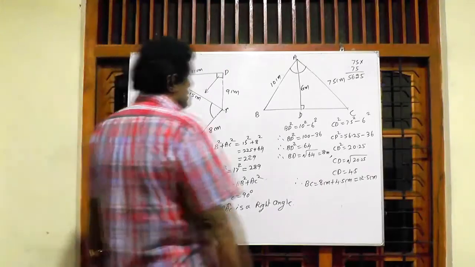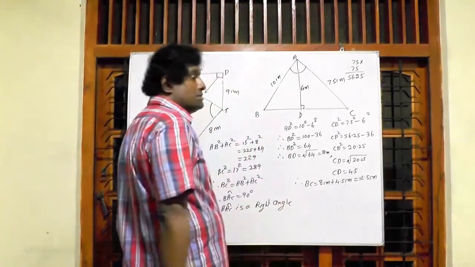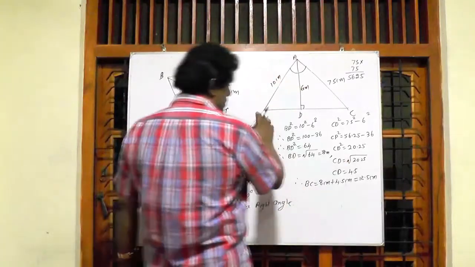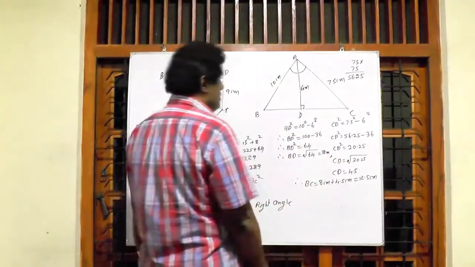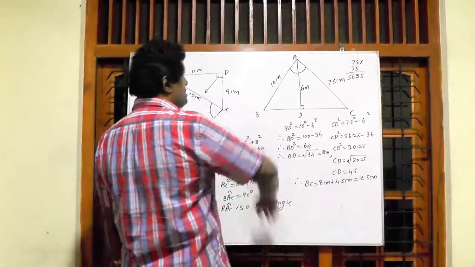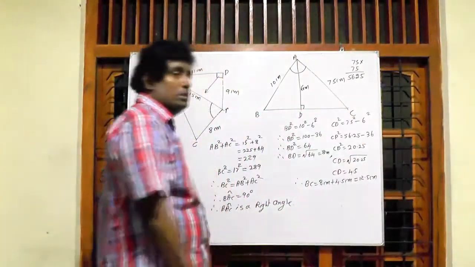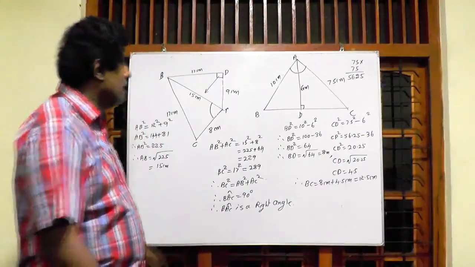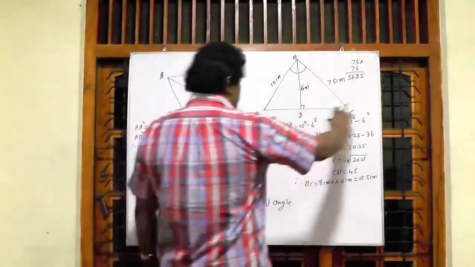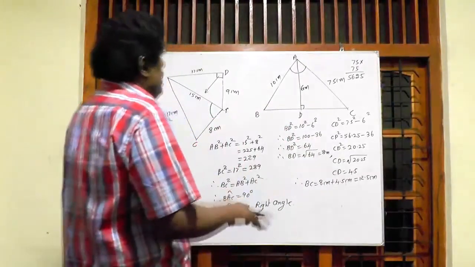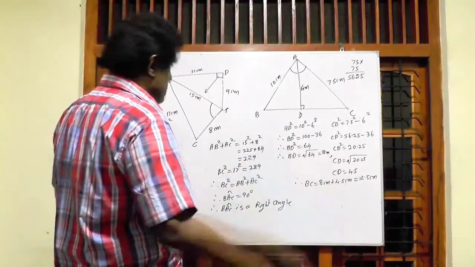Do you know the lengths of these three sides of the triangle ABC? Yes. BC is 12.5 centimeter, AB is 10 centimeter, then AC is 7.5 centimeter.